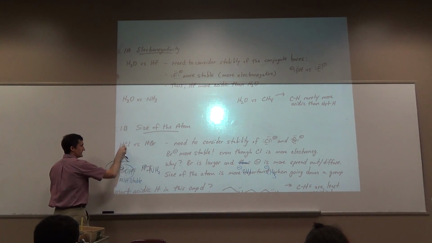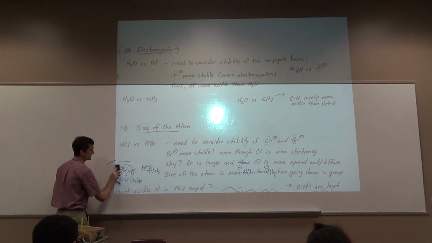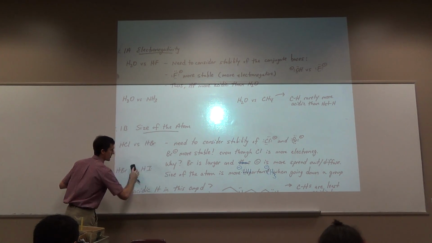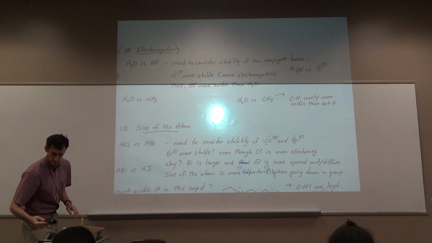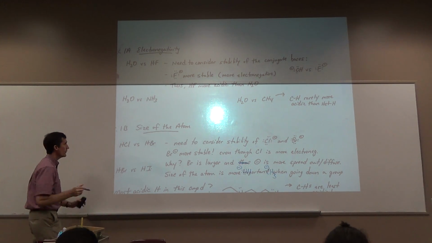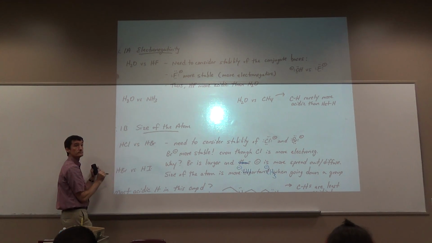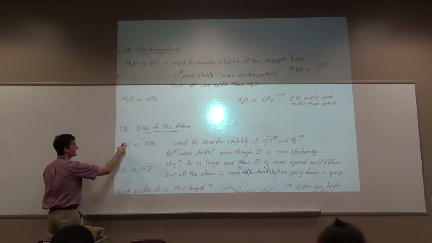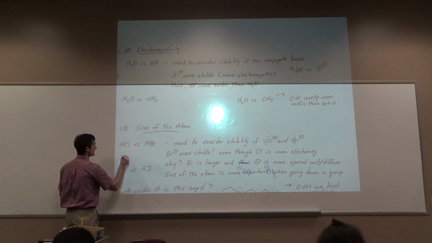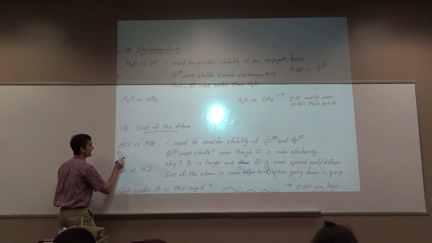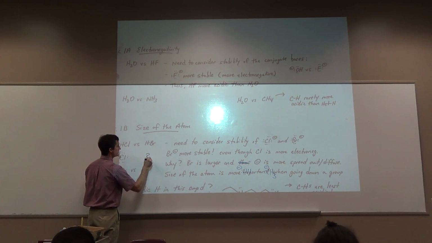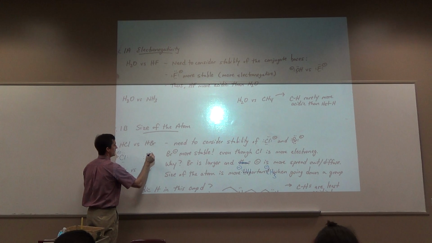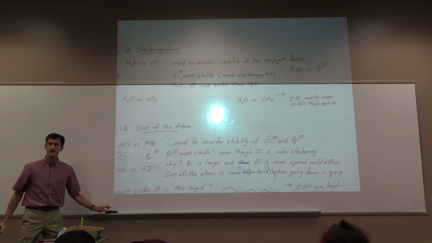Which is more acidic, HCl or HBr? Well, what do we need to consider? Conjugate base. What's the conjugate base of HCl? Cl minus, right? What's the conjugate base here? Which one's more stable?